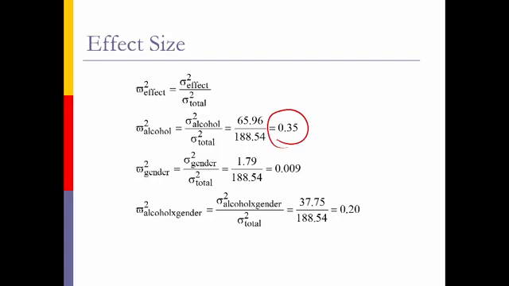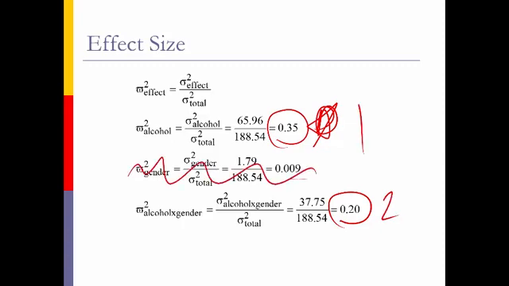The effect of gender was no effect, and the effect of alcohol by gender was somewhat of a medium effect. So alcohol is most important here, right? There's my star. And alcohol by gender would be second, and gender itself just doesn't matter. So there's no practical difference when we talk about gender. It's the alcohol and the alcohol interaction with the gender.